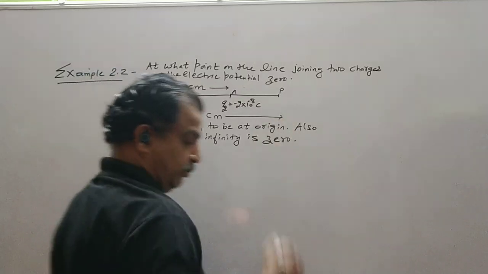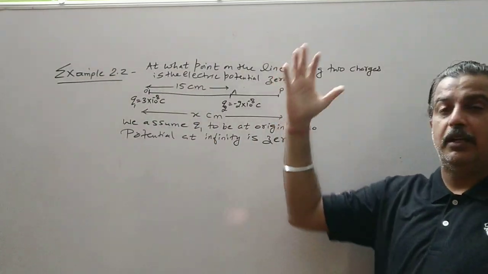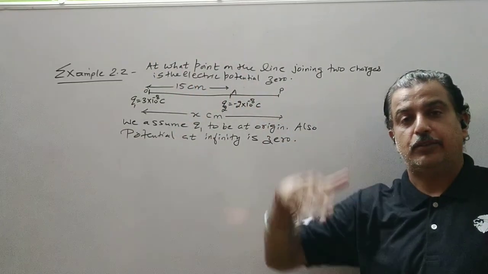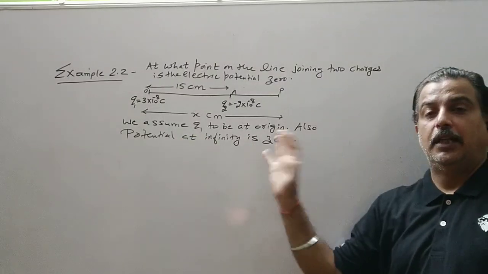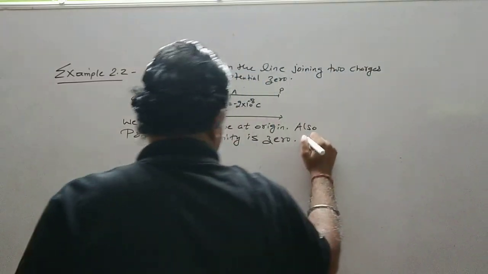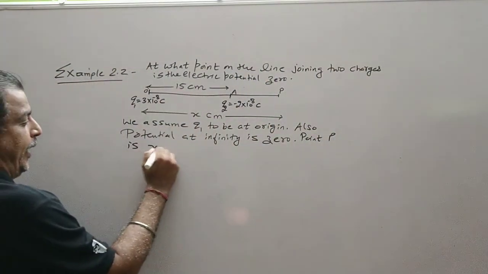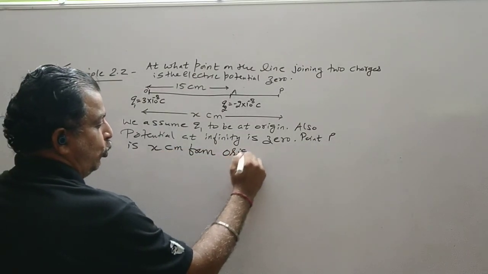We have to always mention a reference point. So we are coming from outside to the field of these two charges. So we assume at infinity the potential is 0. That is our reference point. Point P is x centimeter from origin O.